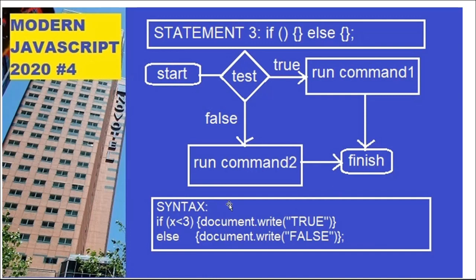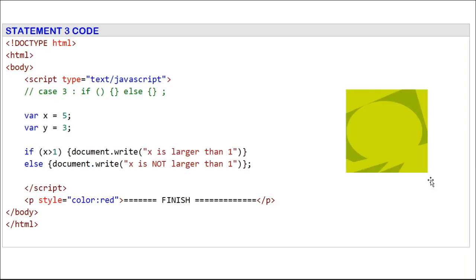The syntax is written like this: if x is less than 3, do this, in other words, document write true, else document write false. So you have two commands. You can run one command if it's true, and another different command if it's false, which can be very useful.